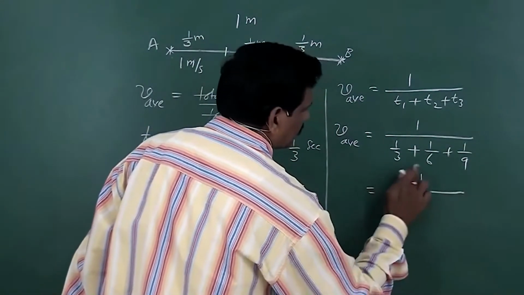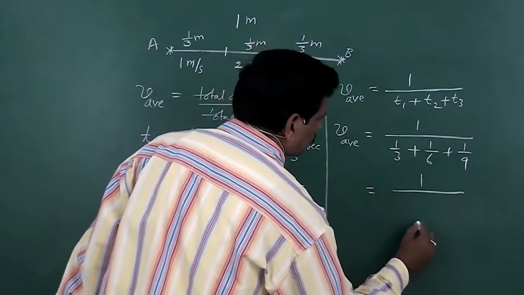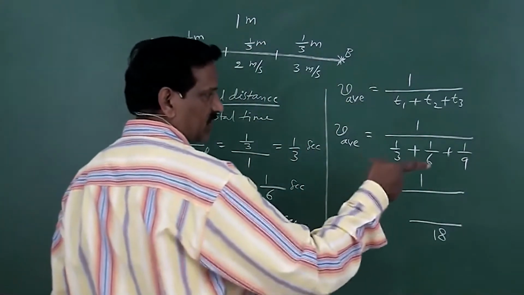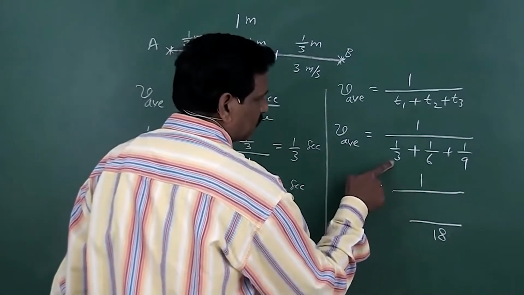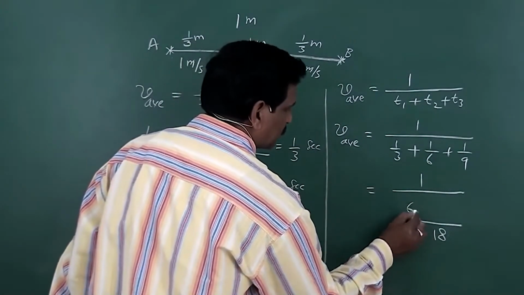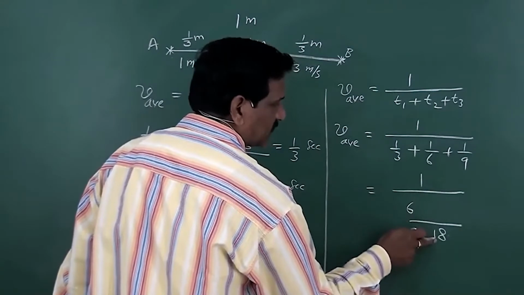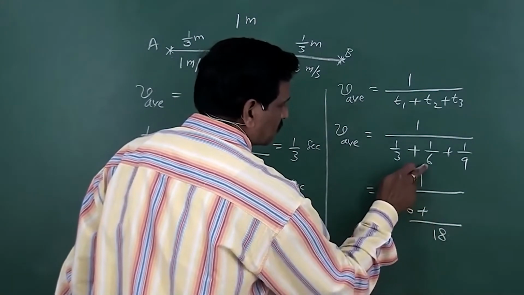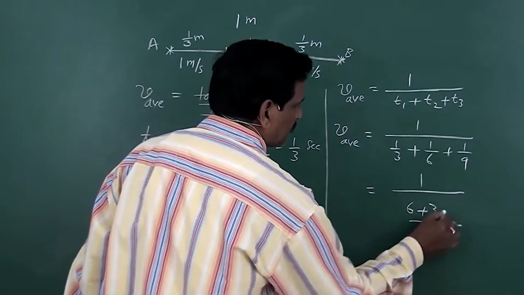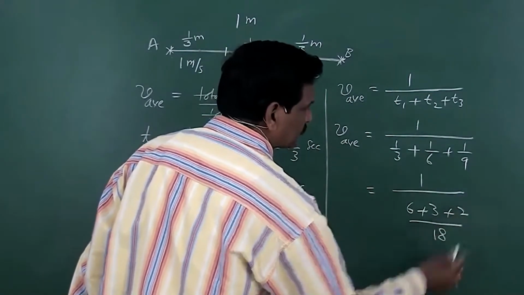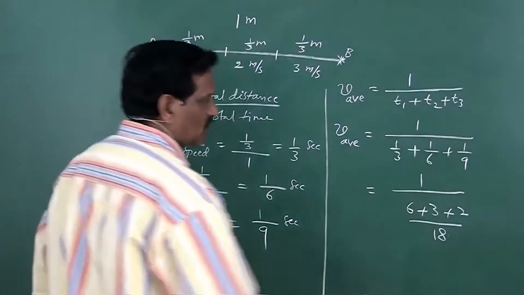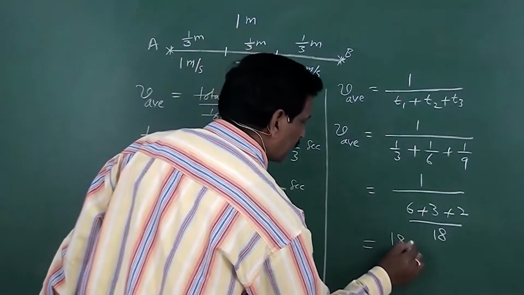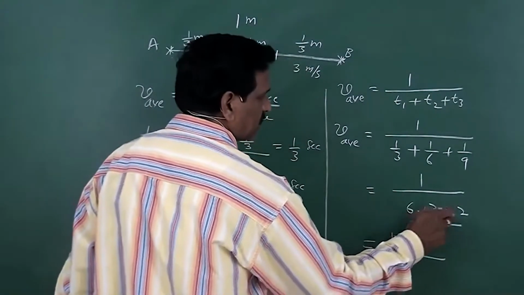For these 3, the LCM is 18. 3, 6, 9, 18. This 3 becomes 6, 3 times 6 is 18. Hence here you get 6, plus 6 3s is 3, plus 9 2s is 2. Then this 18 goes to the numerator. 18 by 6 plus 3 plus 2.